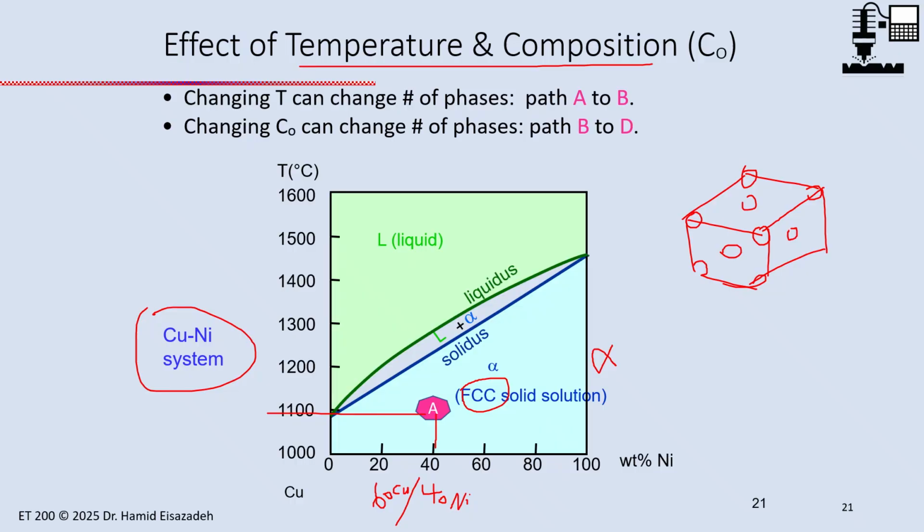So as temperature goes up, we reach the melting point, and we are in the liquid state, from A to B. And what happens if we go to point D? In D, we have alpha plus liquid.